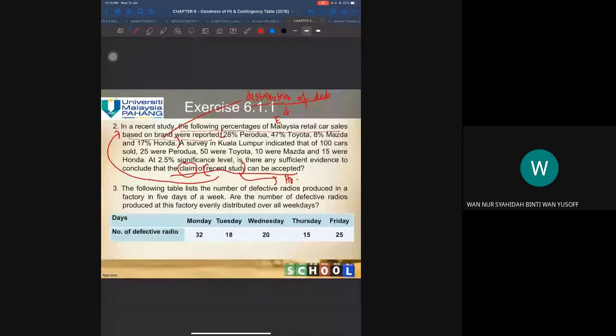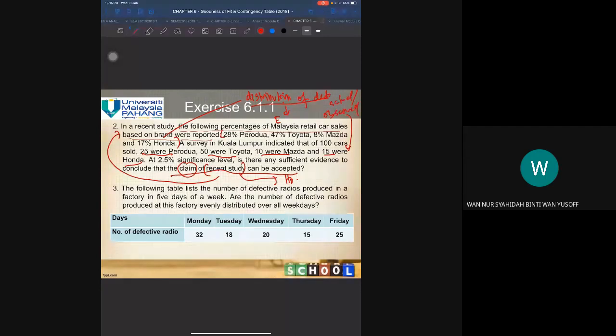You have the expected frequency and the observed frequency, and the observed frequency is the actual data given in your question. Like this exercise, a survey in Kuala Lumpur indicates that 100 cars were sold: 25 Proton, 50 Toyota, 10 Mazda and 15 Honda. This is the actual data, which is the observed frequency.